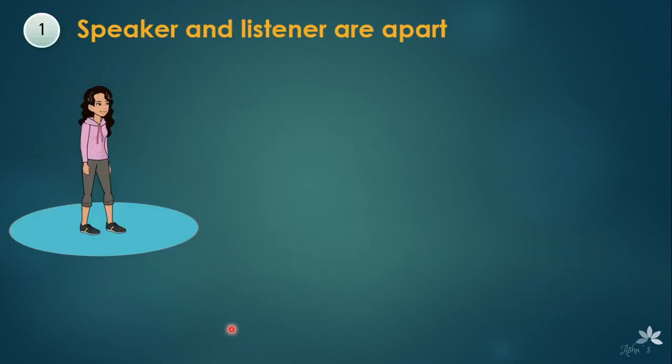Friends, let's analyze the things that we have learned. The places where the speaker is, or the places close to the speaker, are referred as koko. This is the case when speaker and listener are apart.